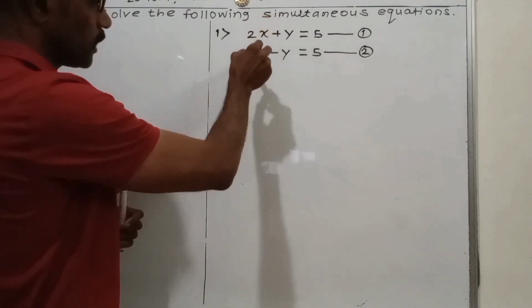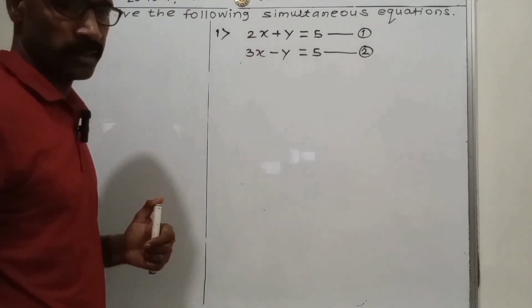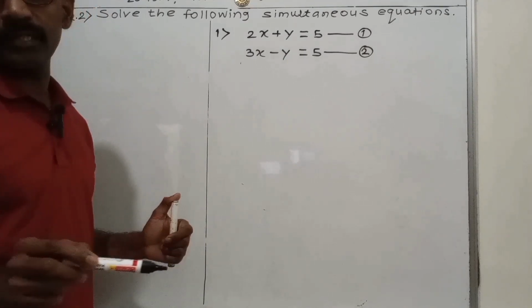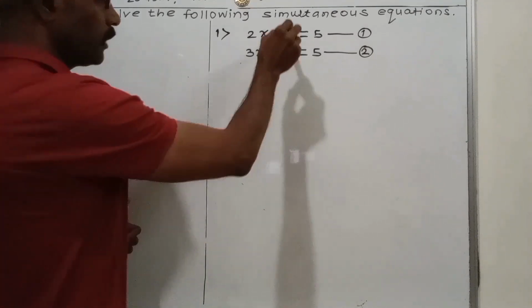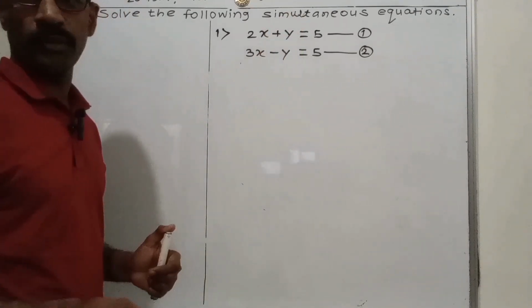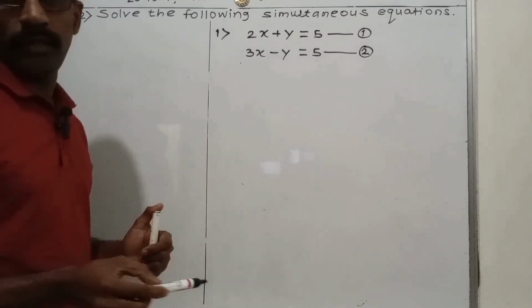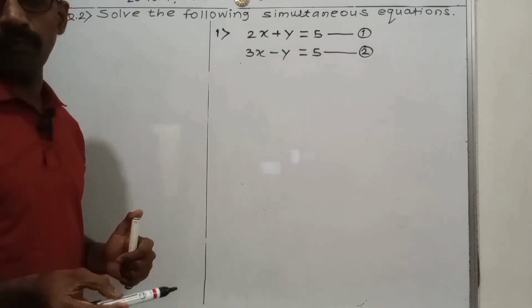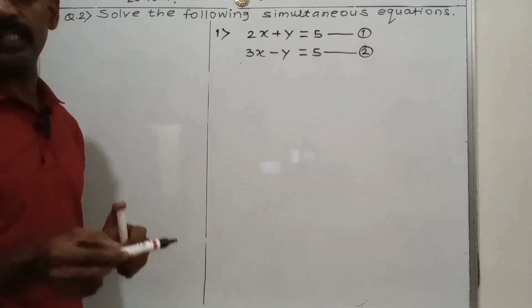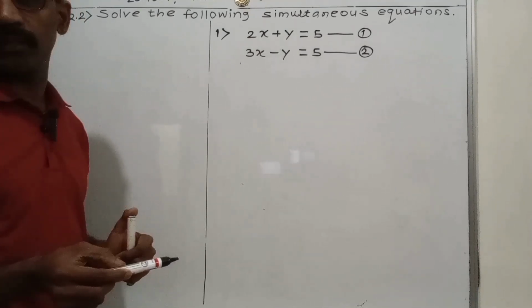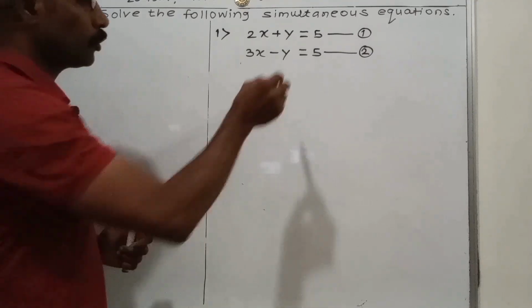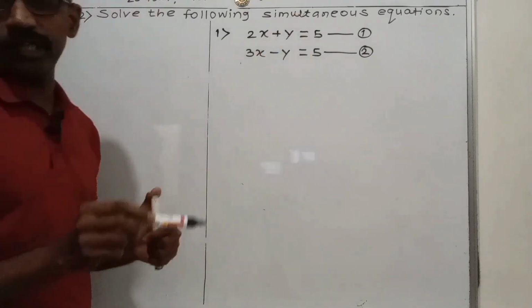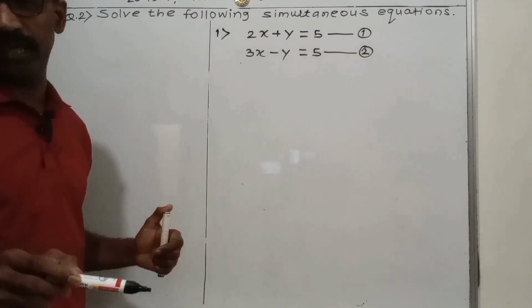See this, these are coefficients of x. Those are not same or equal. Then observe coefficients of variable y. Here coefficients of variable y are same, 1 1, so there is no need to equate them again.